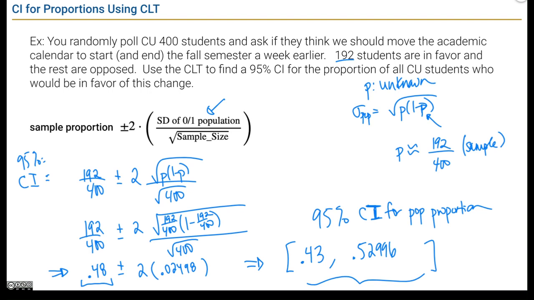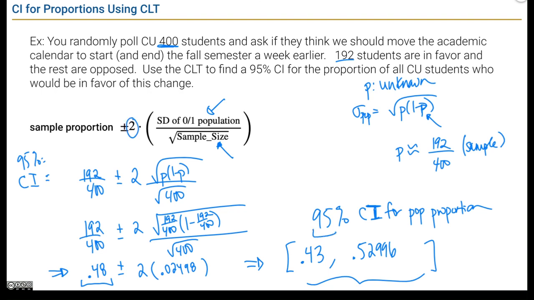The true population proportion may very well be more than half, or it may very well be less than half. If I needed a more satisfactory answer or something more specific, I could always go poll more than 400, because that will at least decrease my interval by increasing that denominator there. And that may help me get a narrower interval at least.